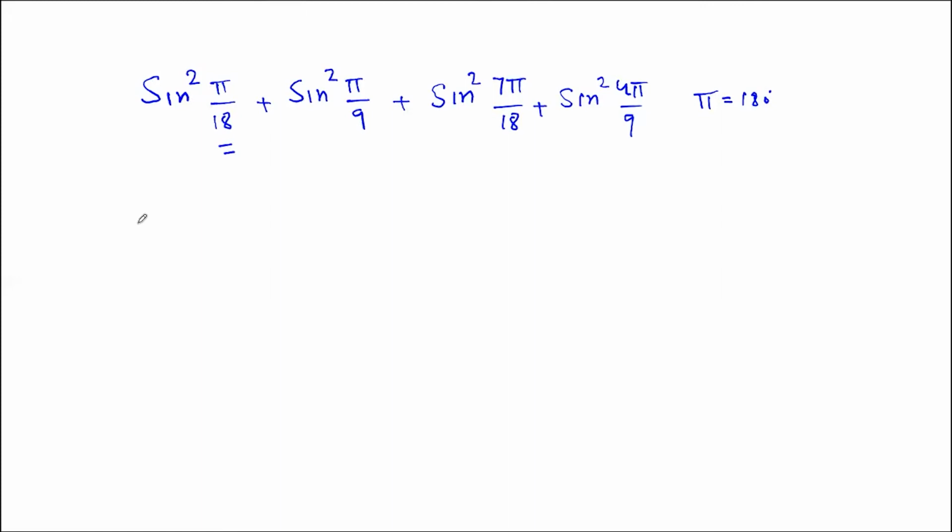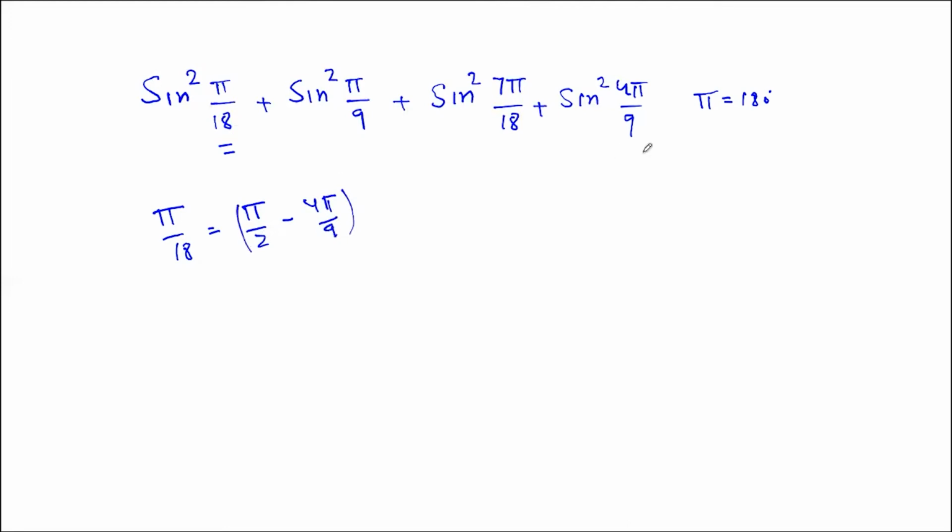Sine square pi by 18, right? So pi by 18 is the same as pi by 2 minus 4 pi by 9. 9 minus 8 will be 1, so pi upon 18, right?